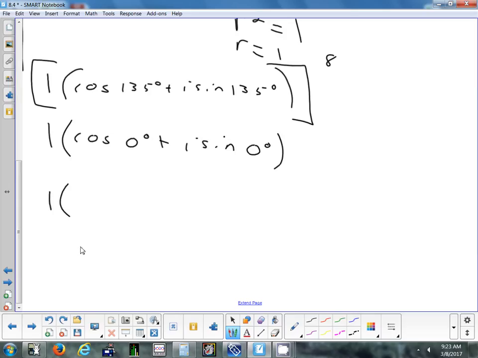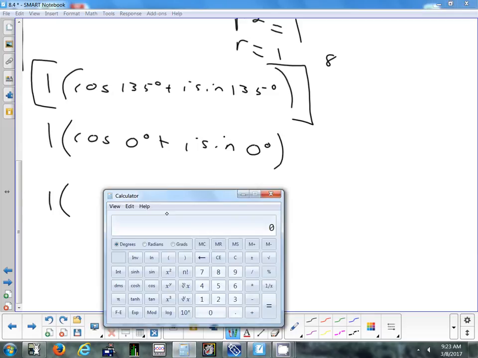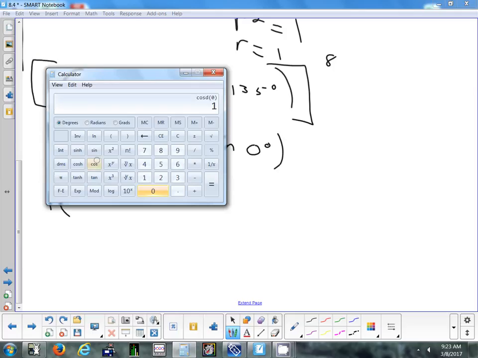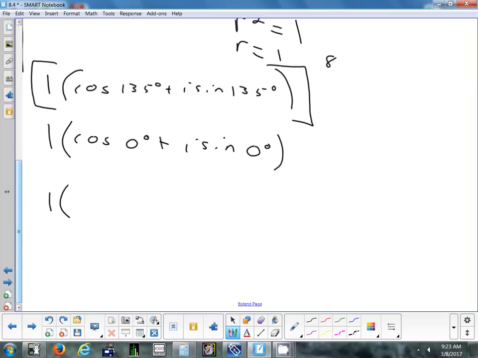Is that a quadrantal angle, 0? Yeah, it's on an axis. So if we simplify it, we're going to get a very nice answer. If I take the cosine of 0, I just get 1.